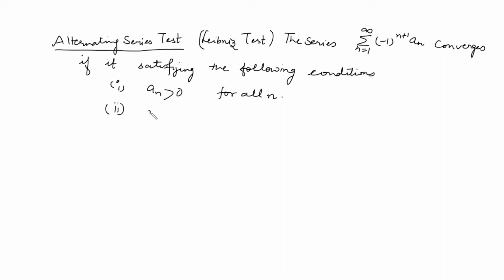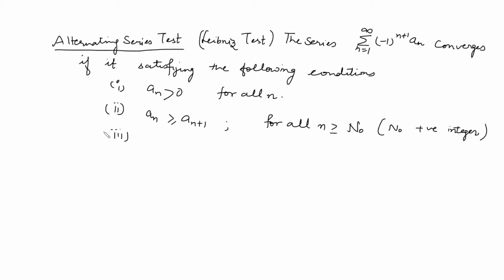The second condition is that the terms are decreasing, meaning a(n+1) is less than or equal to a_n, and this is true for every n greater than or equal to some positive integer n naught. It means a few terms may not satisfy this condition, and after leaving those finite terms the sequence is decreasing.